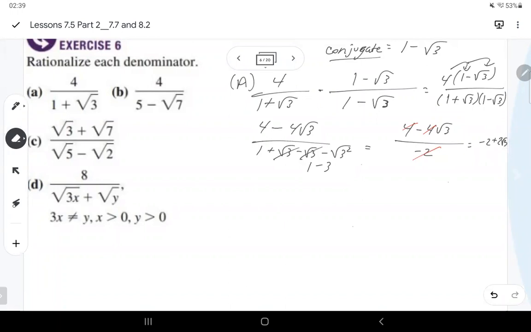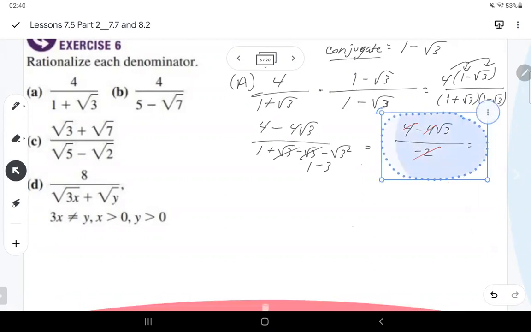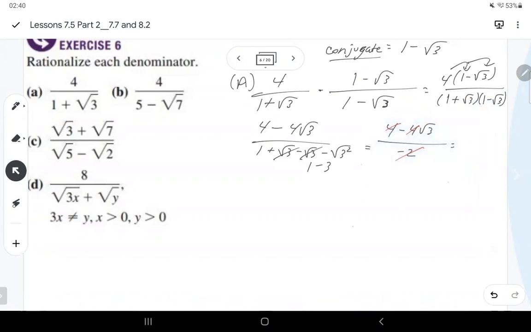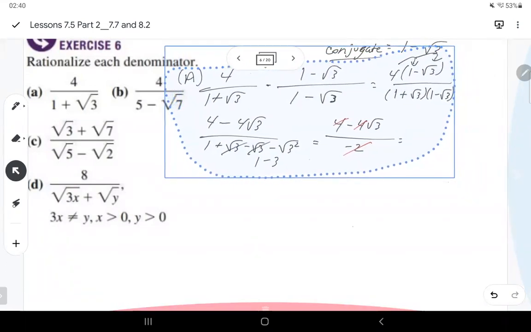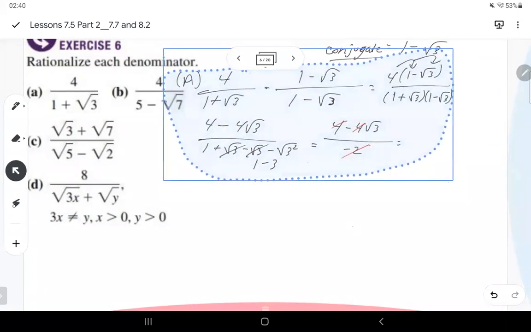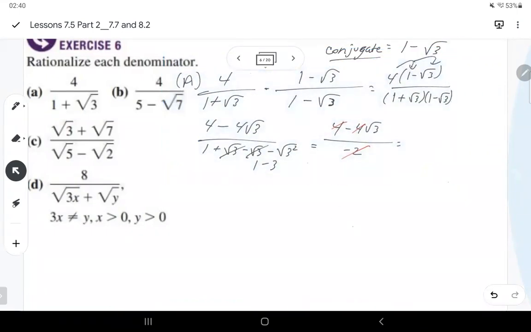It's written there a little bit small. Let me see if I can move the whole thing just a little bit. There, perfect, nice. So then here we get negative 2 plus 2 square root of 3.